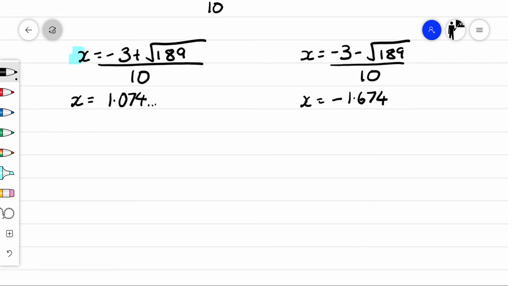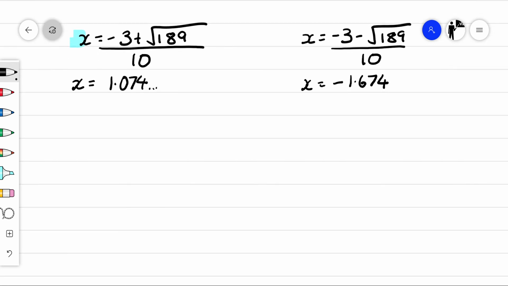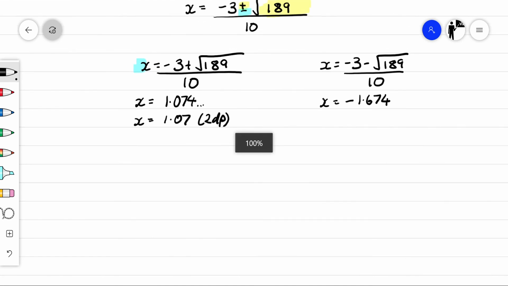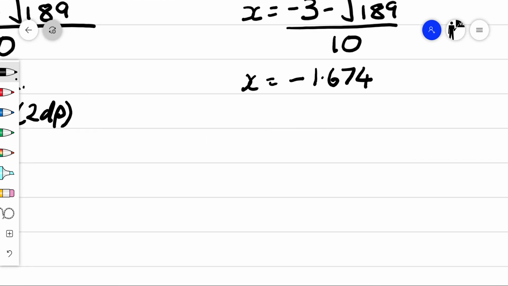And if the question said do it to 2 decimal places, this would become 1.07 to 2 decimal places, and this would be x equals minus 1.67 to 2 decimal places.